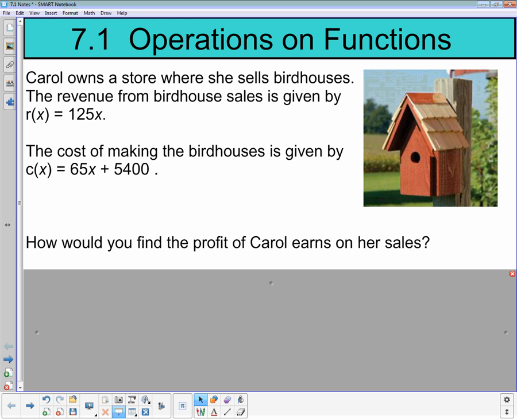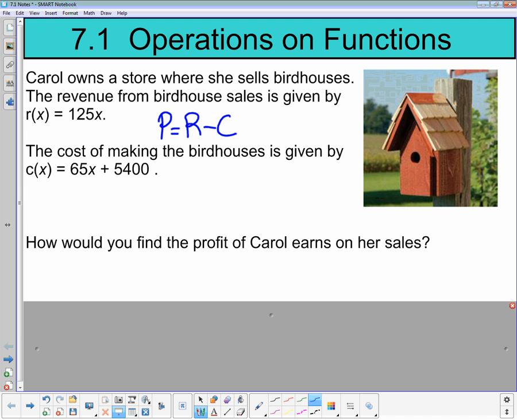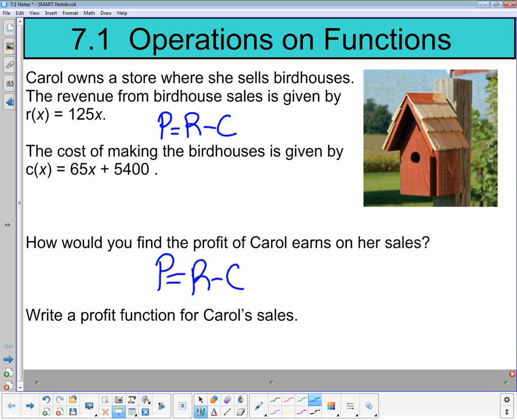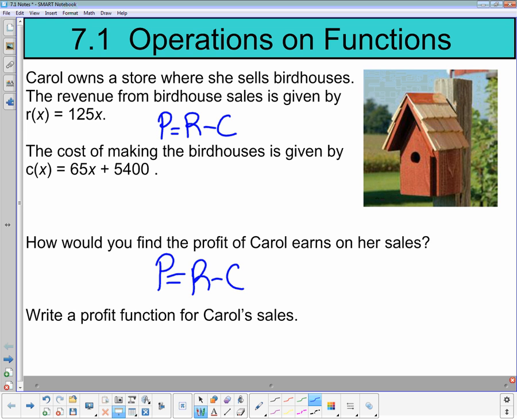So if you remember from our chapter 6, we learned that profit is equal to our revenue minus cost. So once again, we'd write P is equal to our revenue minus cost. Writing a profit function for Carol's sales, we know that our R of x is equal to 125x.